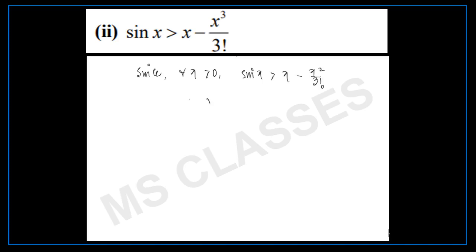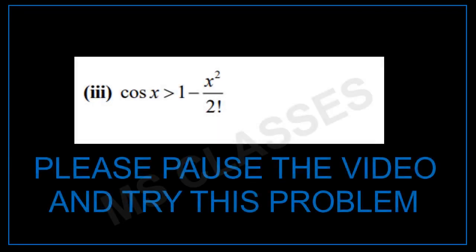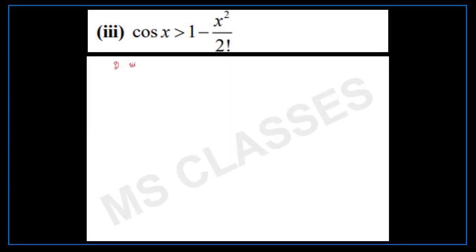Therefore, for all x belongs to 0, pi by 2, cos x greater than 1 minus x square by 2 factorial.